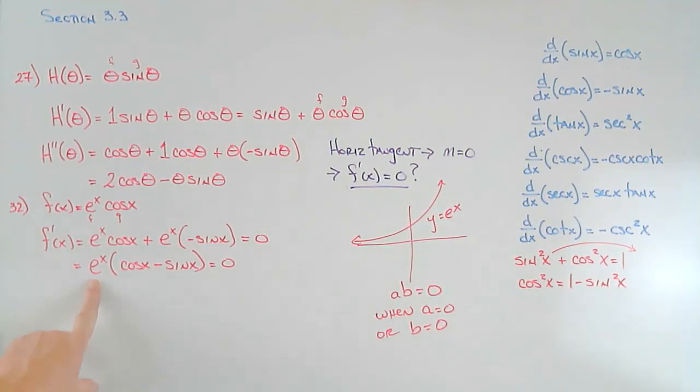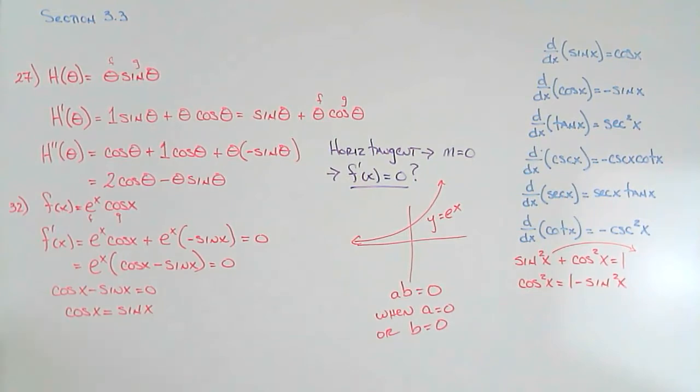Well, this function, one of my factors, is never 0. So we're left solving cosine x minus sine x equals 0, or we're left solving cosine x equals sine x.